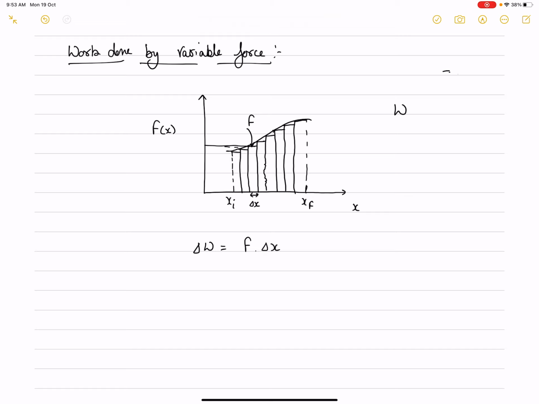Work done क्या होता है? Force into displacement होती है. Now if we add up all these rectangular areas, we will get the complete work done. So I'll write it as summation F del x, where x runs from i to f.